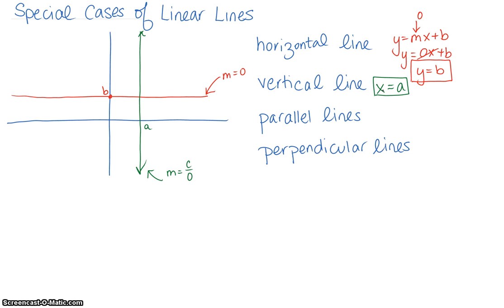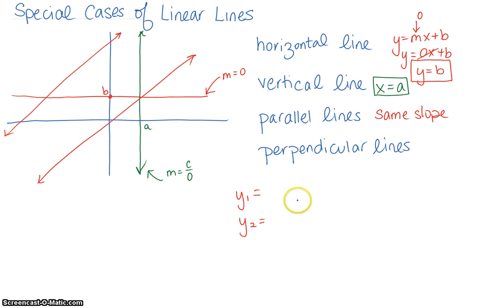Now in parallel lines, we are going to have two lines that have the same slope. We've talked about that already. So when we have parallel lines, we need to make sure that they have the same slope. Which means if we're given two lines, y1 equals something and y2 equals something, your m will be the same. These two m's are going to be the exact same value.